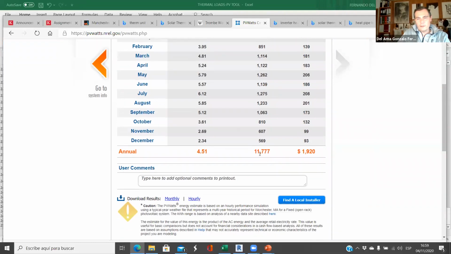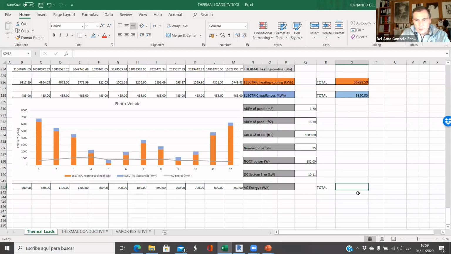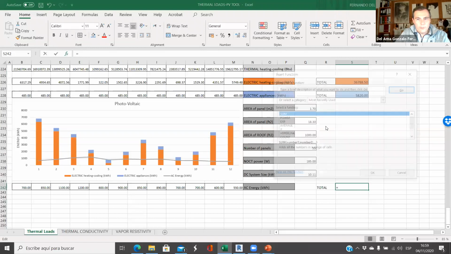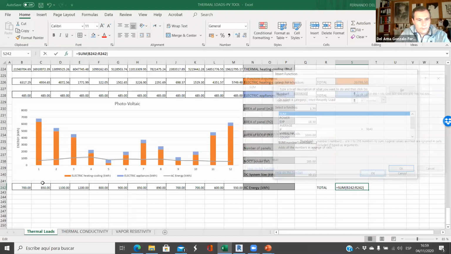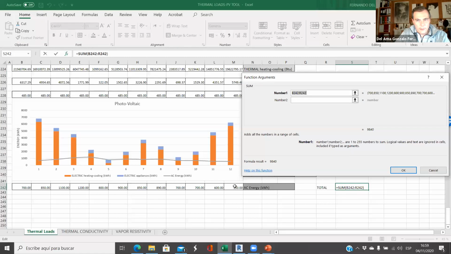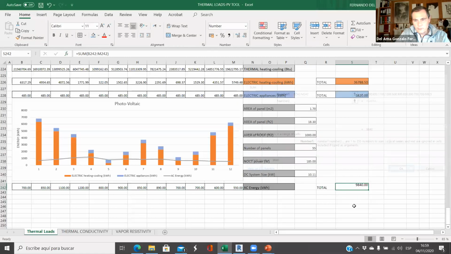Okay, so you have the total energy production here. But if you are doing this, and we can do the same, this is the sum of all these. Okay, so this is the total PV production.